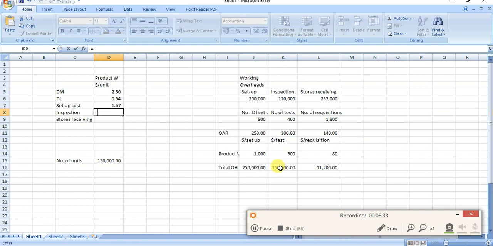Inspection cost has to be 150,000 divided by 150,000. Stores receiving has to be 11,200 divided by 150,000. So total cost of the product per unit is going to be the sum of all this. 5.78 is the right answer.